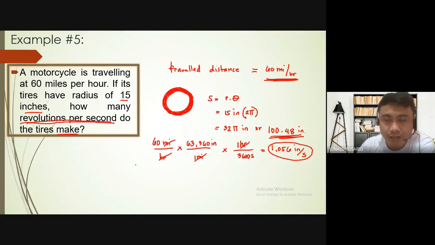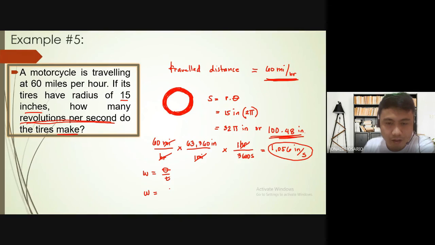Of course, we have here the new formula for the angular velocity. Kanina ang angular velocity natin ay theta over time. And of course, we also have its other formula.